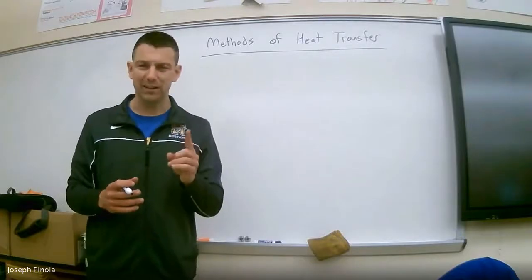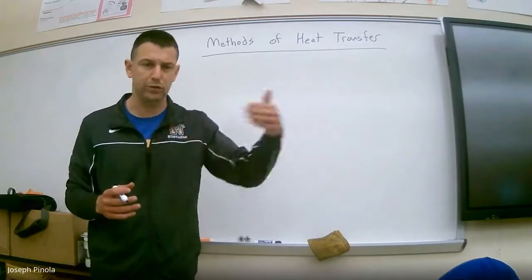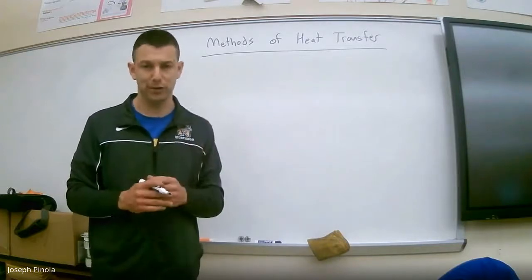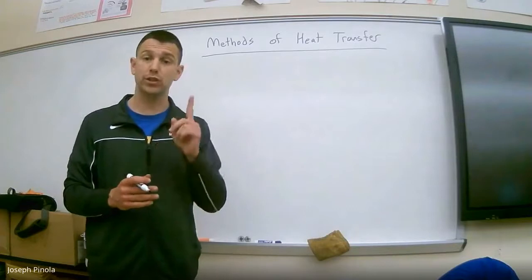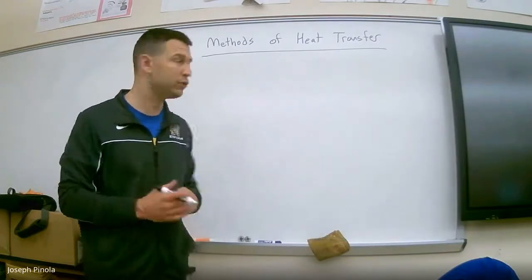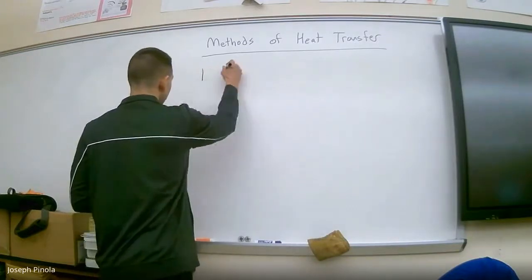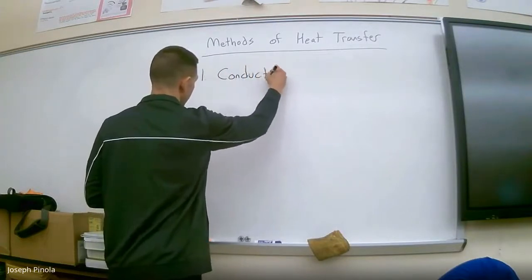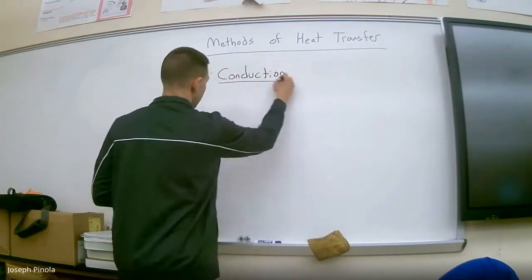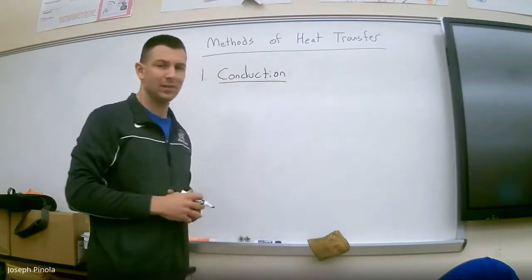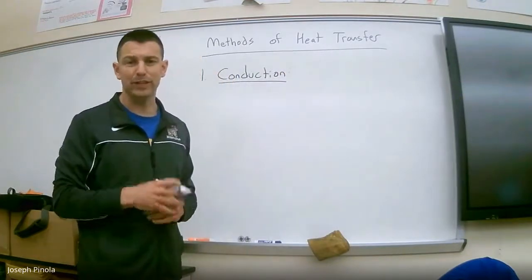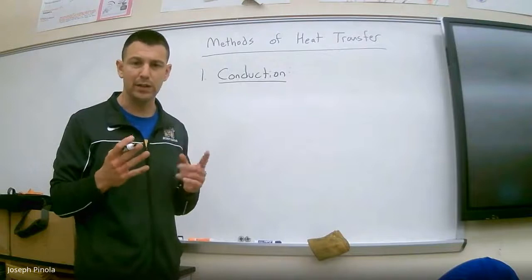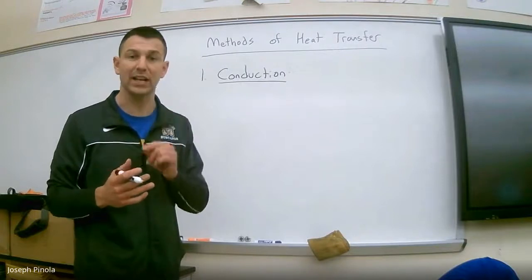So we know that heat is a form of energy that transfers due to a temperature difference. And you just saw one of the three methods of heat transfer. It's called conduction. More specifically, conduction is heat transfer through solids.